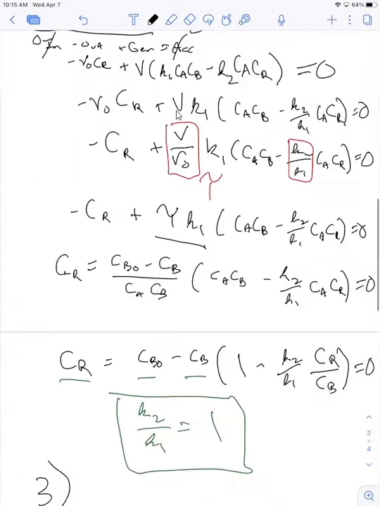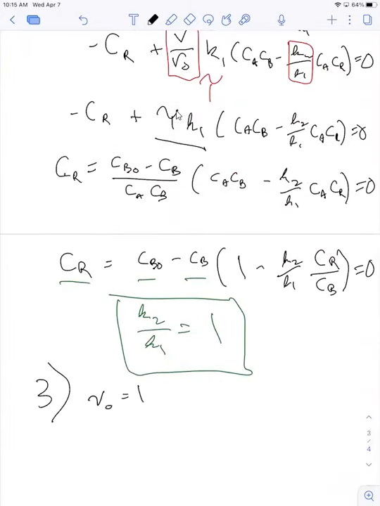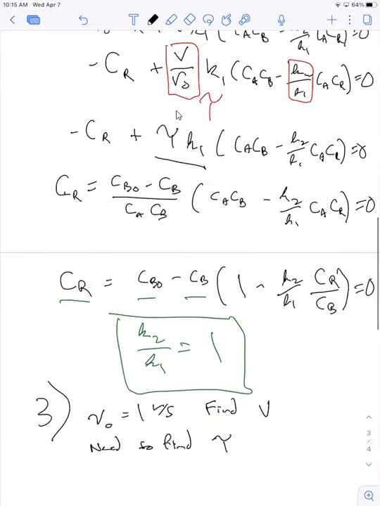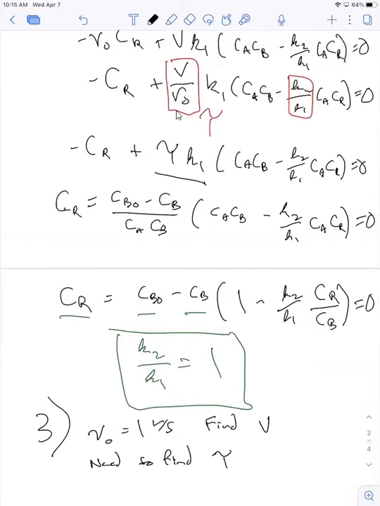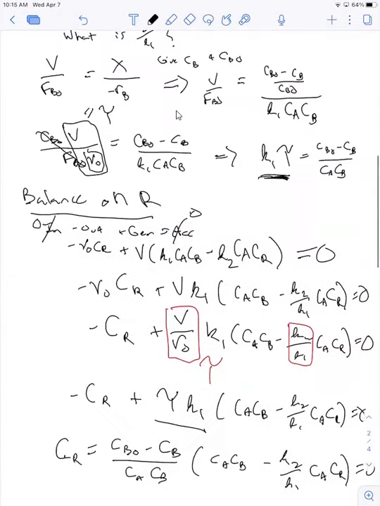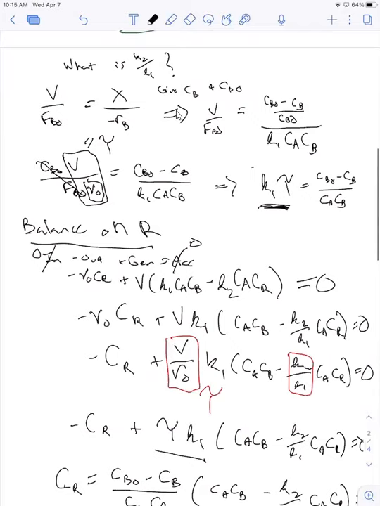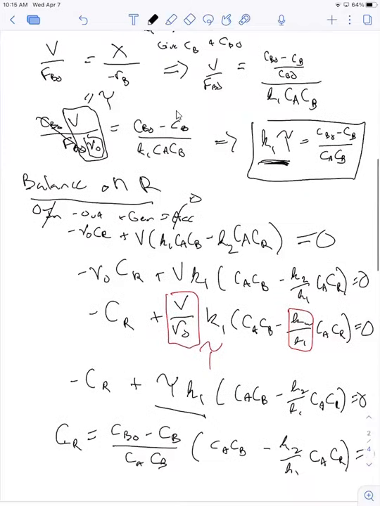Okay, so it's given us V naught equals 1 liter per second, and we need to find V. So we basically need to find our time constant tau, which we already have an expression for. We look back here, and we already have an expression for tau, so we can do that.